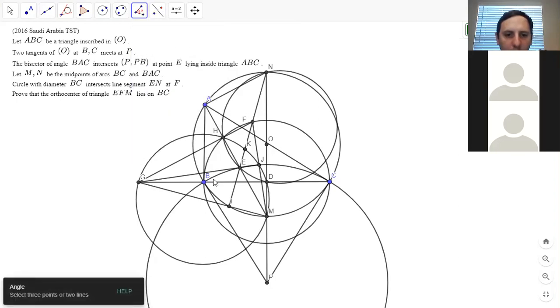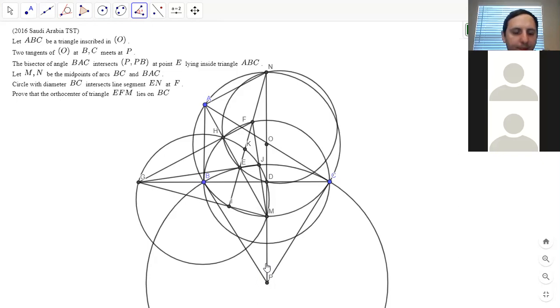But it would just be a calculation. Okay, I think BEC is 90 plus angle A. I just did the calculation in my head, but it should be. So that would mean this should be like 148.61. Can we use that in any way?